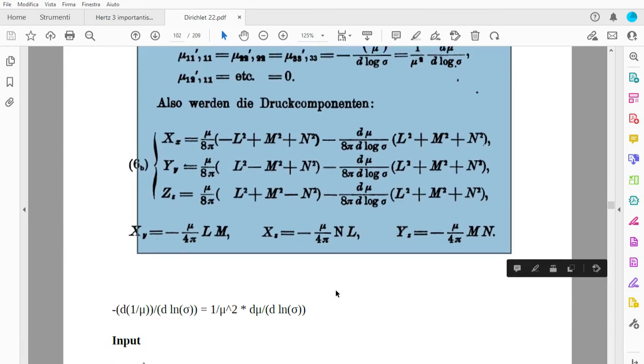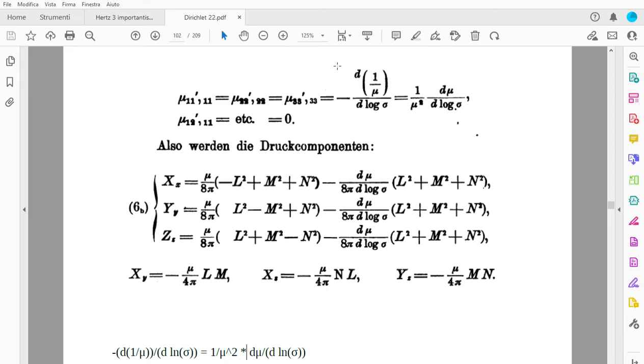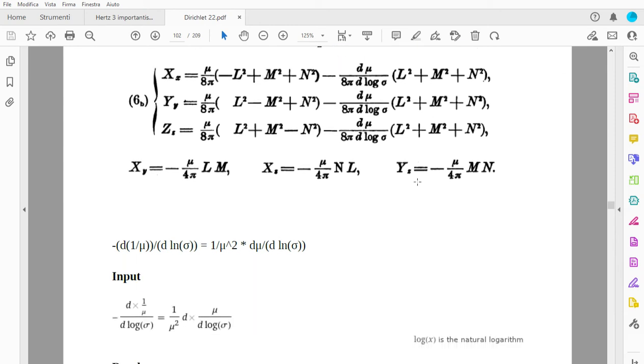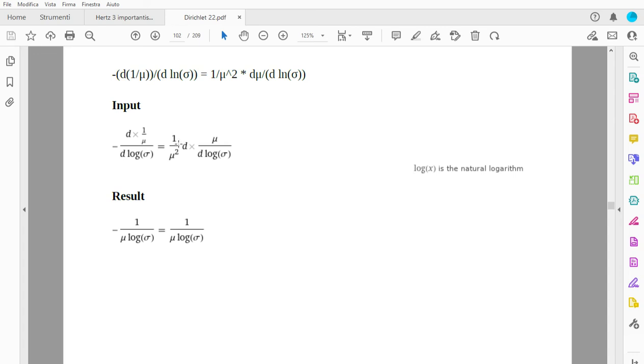Now we have the following equation. We consider the first, that is this equation. That is the input, that is the result.